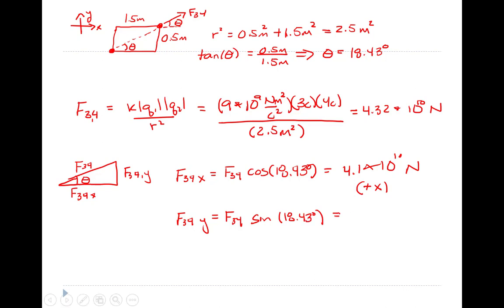And when you take 4.32 times 10 to the 10 newtons and multiply by the sine of 18.43 degrees, you get 1.37 times 10 to the 10th newtons. And as a little reminder again to me, that's going to be in positive y.